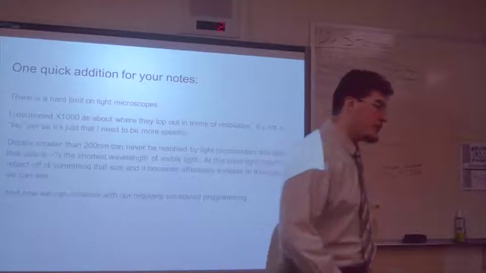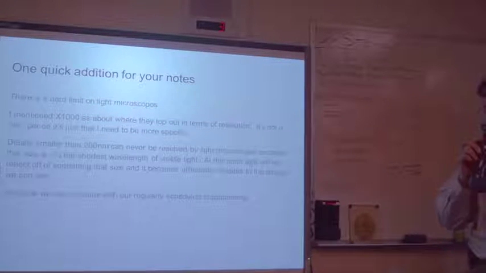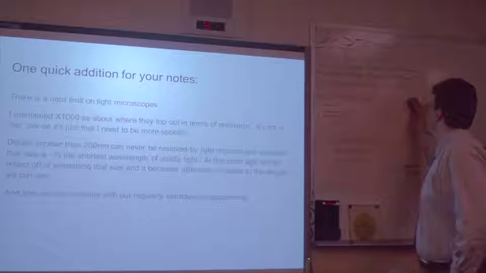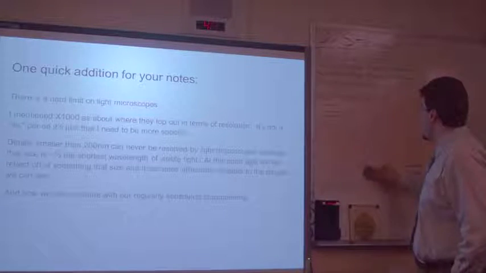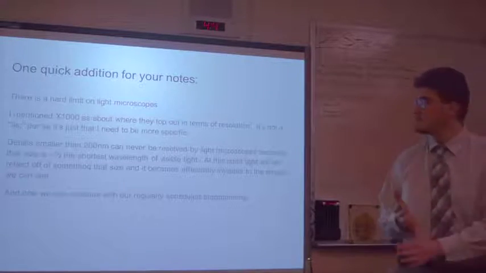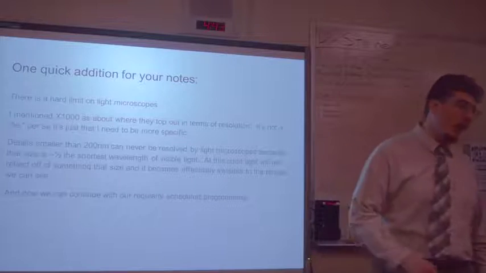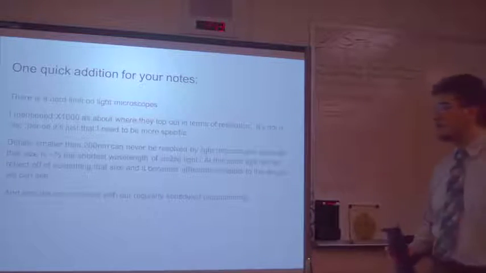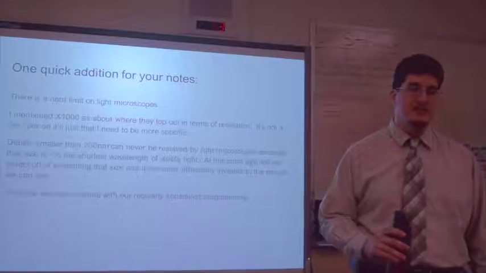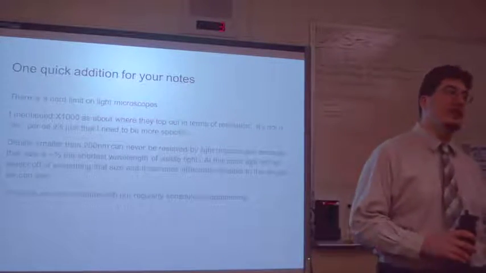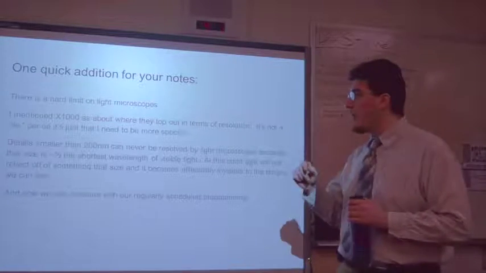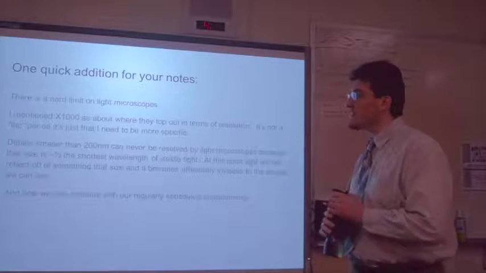So this I went over before. But light microscopes have a hard limit based on the laws of physics. Details smaller than 200 nanometers cannot be resolved by light microscopes because visible light does not have a wavelength that is short enough to bounce off of things that small.